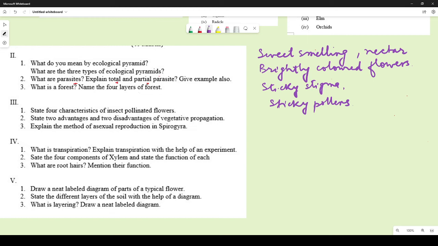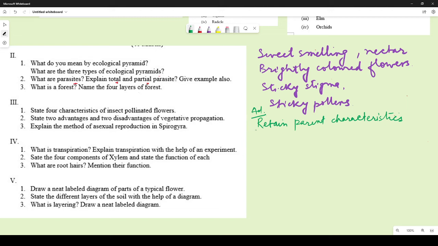Now we talk about advantages and disadvantages of vegetative propagation. Let's talk about advantages. They retain the parent characters, right? The daughter plants, or the next generation plants, retain the characteristics of the parents. So if some desired characteristics are there, they are retained along with them.